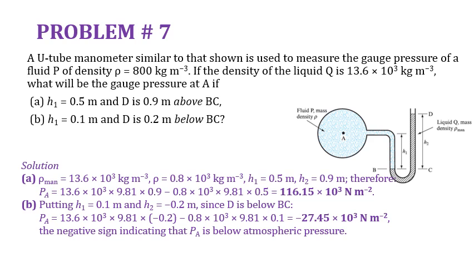So moving on to the next case. The next case is a little complicated, so you have to understand it. Now here it says that the D point is below BC. So the D point lies over here, 0.2 meter below BC. So this means that you will have to shift your datum.